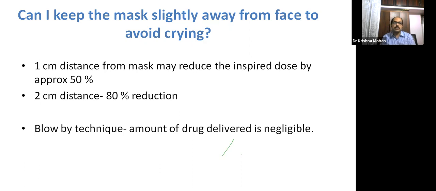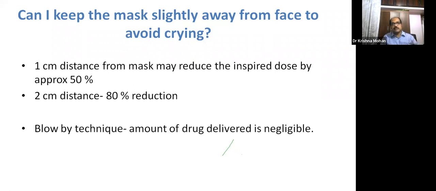But keep in mind that once you keep the mask away, the drug delivered will get drastically reduced. Depending upon the distance it is kept away, 1 centimeter distance from the mask may reduce the inspired dose by approximately 50%. If you're keeping it 2 centimeters away, 80% reduction.